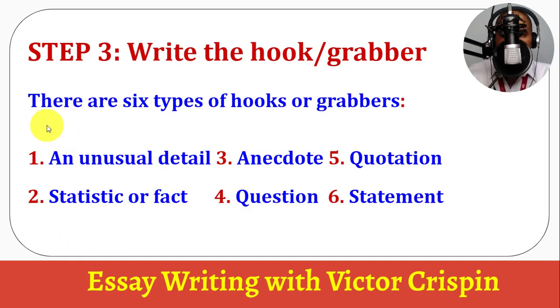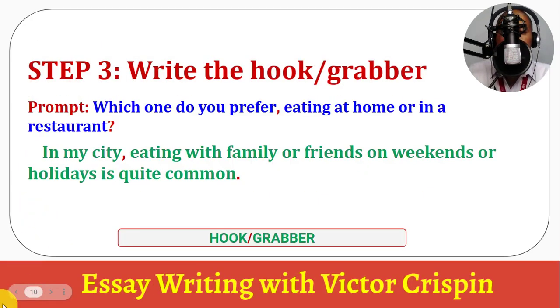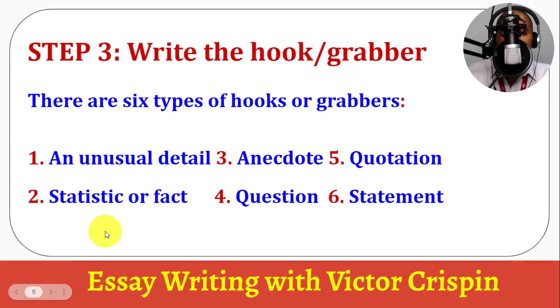As you can see, here we are in step number 3, write the hook or grabber. Here it says that there are 6 types of hooks or grabbers. The first one would be an unusual detail. Then we have a statistic or fact. Then we have an anecdote.